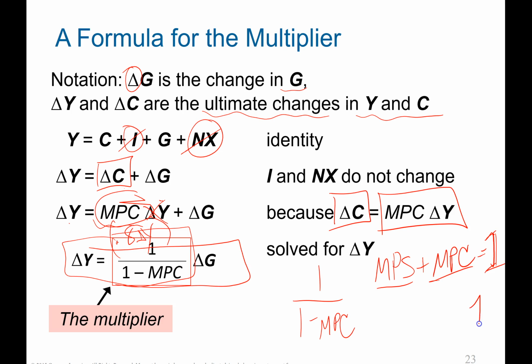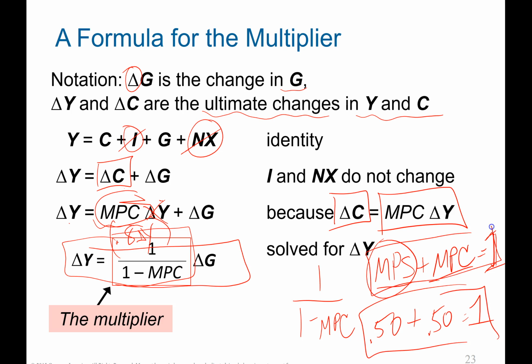Let's say I know that for each additional dollar I earn, I'm going to spend 50 cents of it. I know that that's my marginal propensity to consume. Then I can say, well, then my marginal propensity to save is obviously 50 cents, and it equals 1. So if I just rearrange this formula, MPS plus MPC equals 1, I can use this to come up with my multiplier.